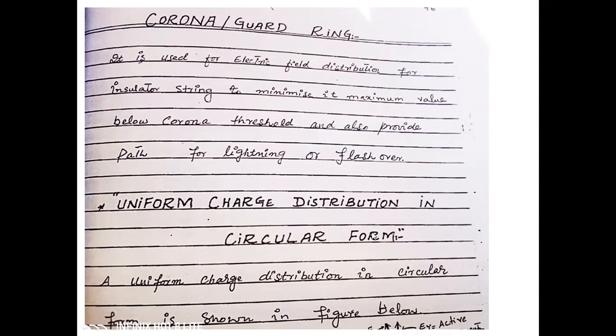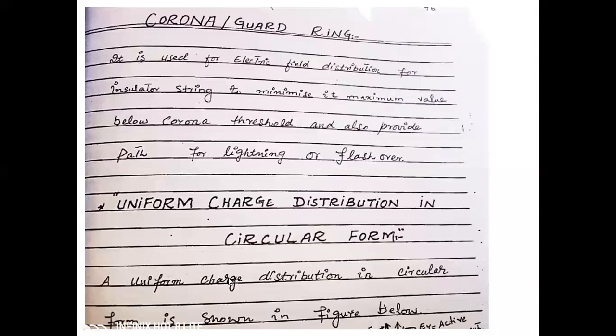Now we will study the electric field intensity due to a ring of charges, because this guard ring is in the form of a ring and the charges are distributed over it. So definitely there will be an electric field intensity and electrical stress over this ring.